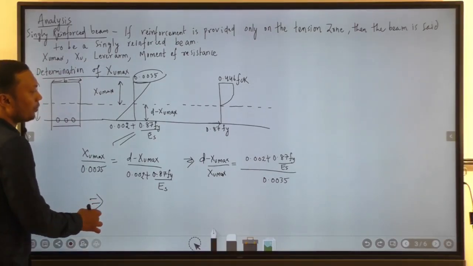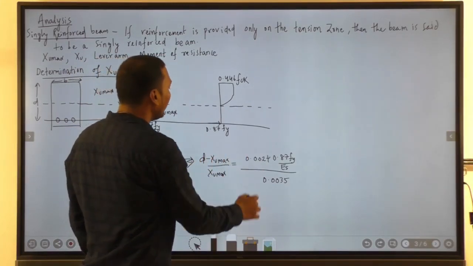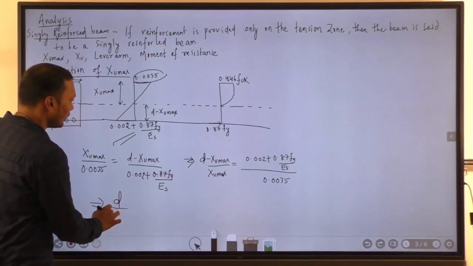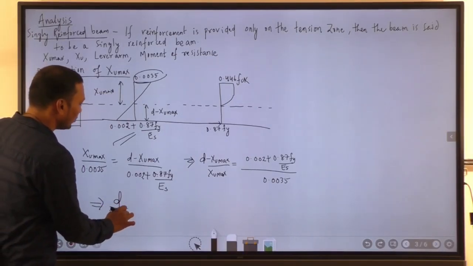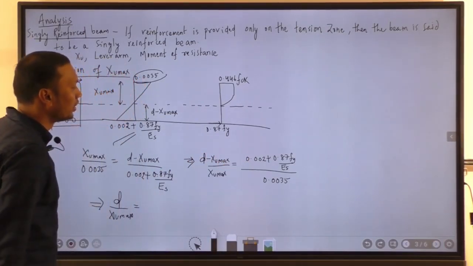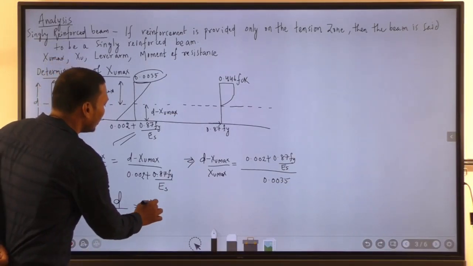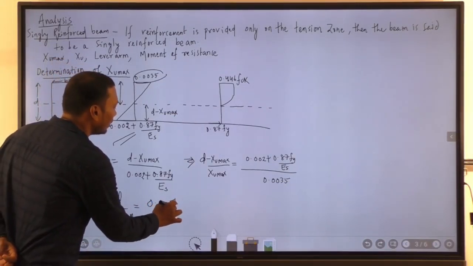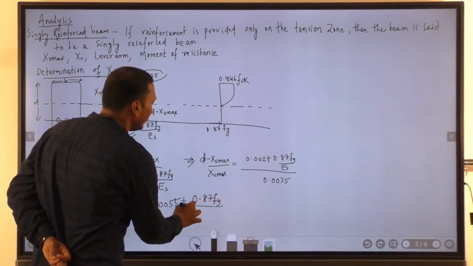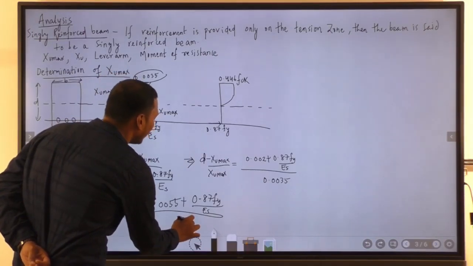So the Xu max gets cancelled, and one we will take to the right side. So it implies that d by Xu max is equal to, one has gone to the right side, so 0.002 plus 0.0035 makes 0.0055 plus 0.87 fy by Es whole divided by 0.0035.